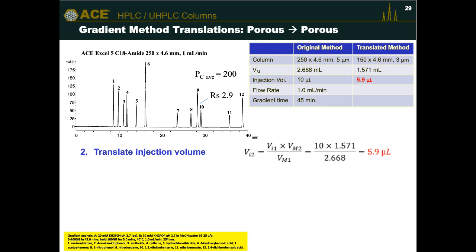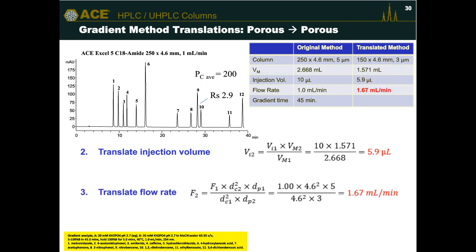So we've got a smaller injection volume, and we're also going to change the flow rate based on the ratio of column ID and particle size, exactly the same as we did for isocratic. So here it's suggesting an increased flow rate of 1.67 mils a minute.